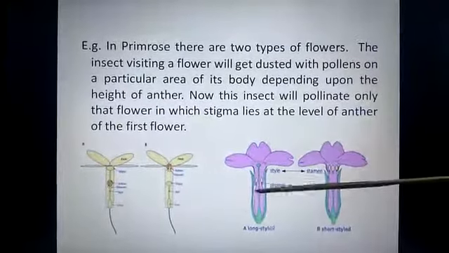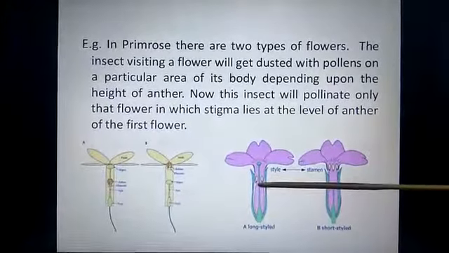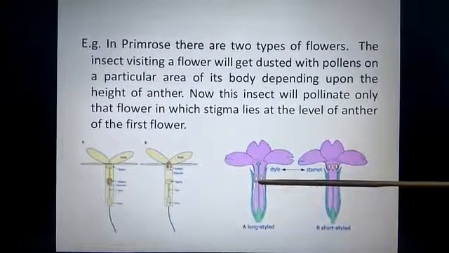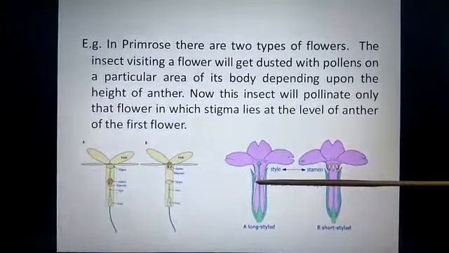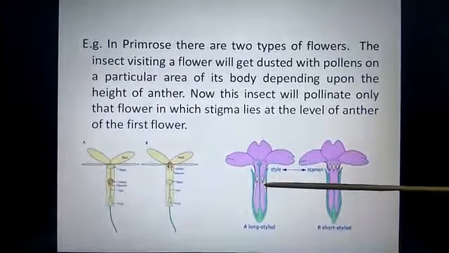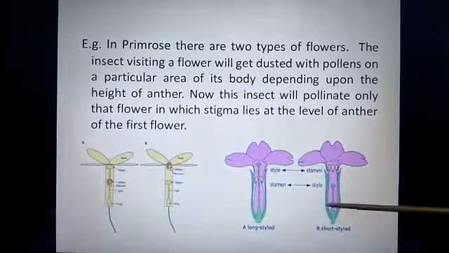Suppose an insect visits this first flower. When the insect visits, the pollen from this anther will be dusted on the body of the insect, in a particular area. Now, when the insect visits the second flower, what happens?